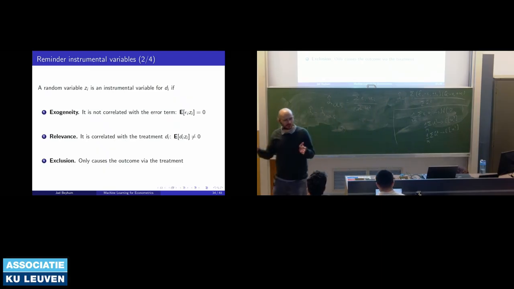So college proximity is not correlated with the error term. But again, you also need the two groups to have different education, right? Because if they have the same education, you can't observe the effect of the level of education. And you also need that college proximity itself only has an effect through education. Because otherwise, when you do this comparison, what you estimate will be a mix of the effect of education and the effect of college proximity itself.